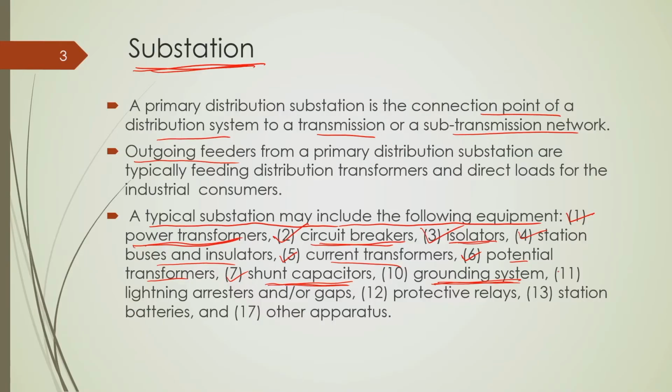Then we have lightning arresters for protection against lightning, protective relays for protection purposes, and batteries for providing the DC supply, particularly during emergency conditions, and there are also many other apparatus.